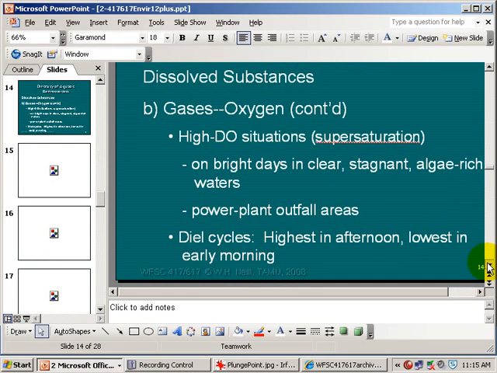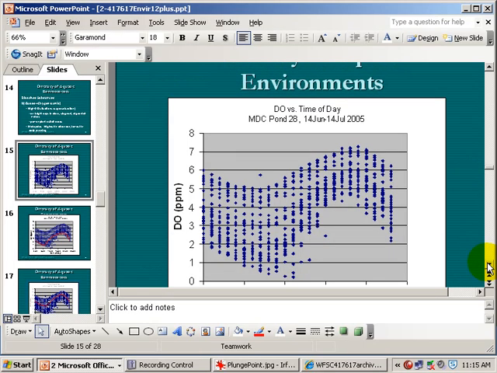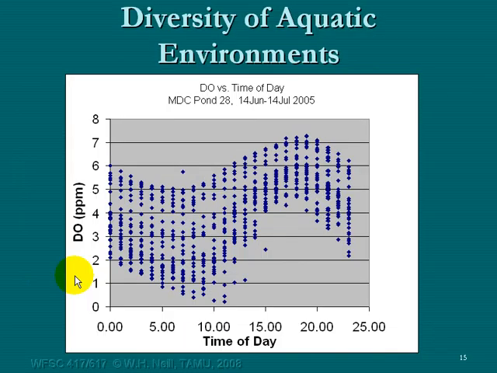So I'm still worrying the idea of these data that I showed you. There's that set of data of DO versus time of day, and I did some work on this.